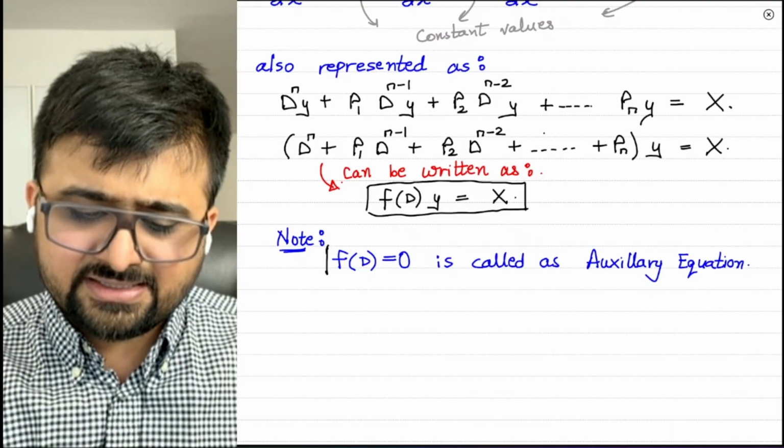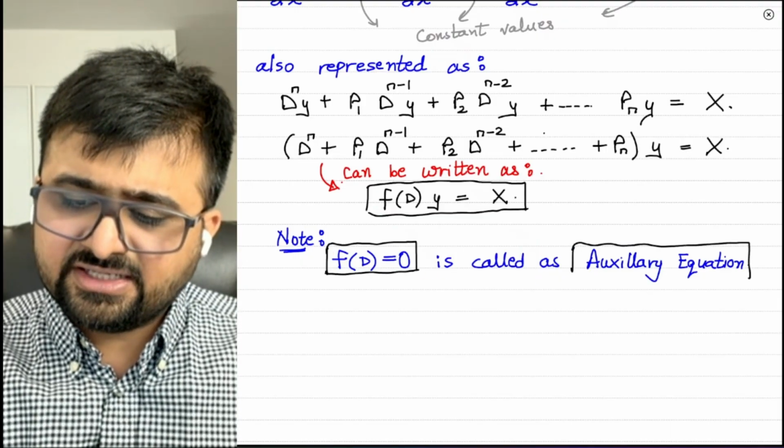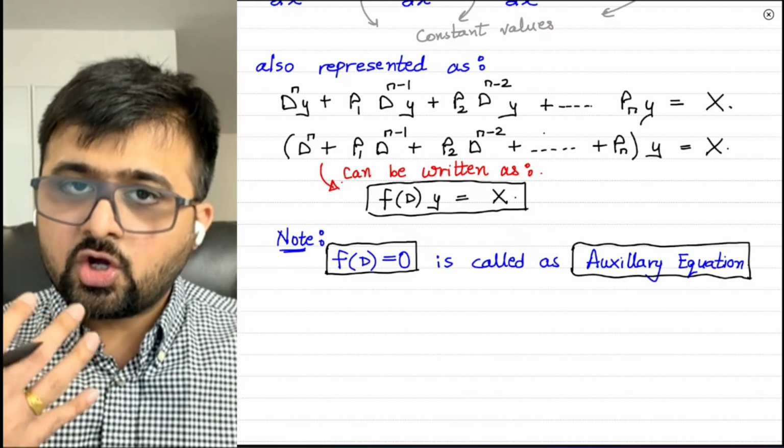If you write that equation f(D) equal to 0, that equation is called the auxiliary equation.